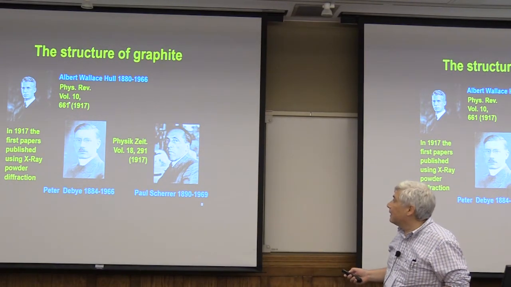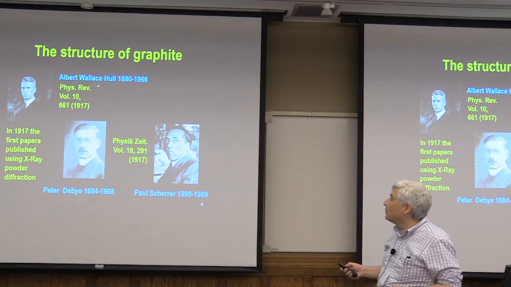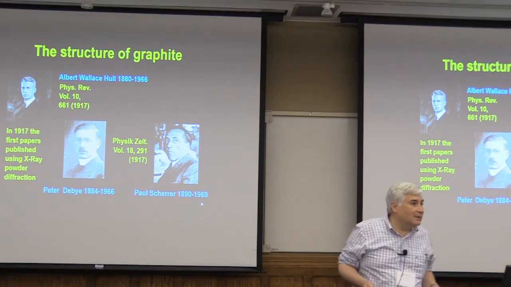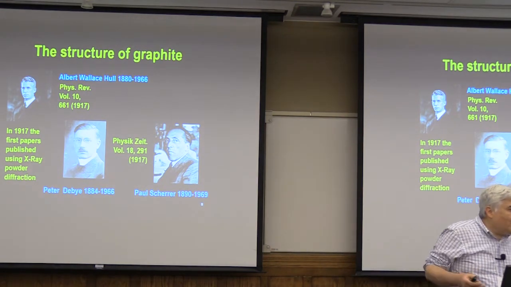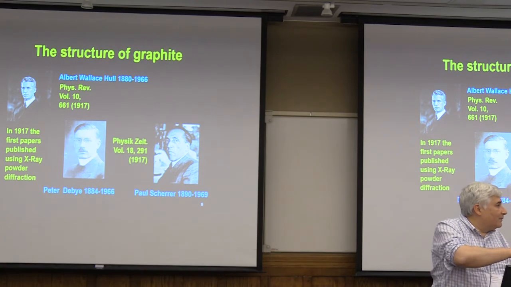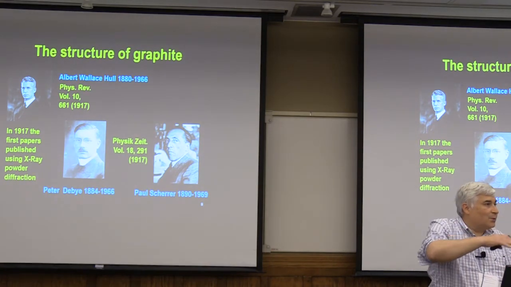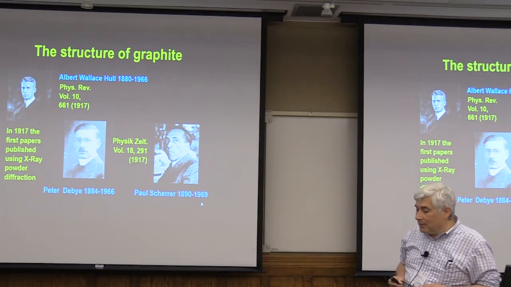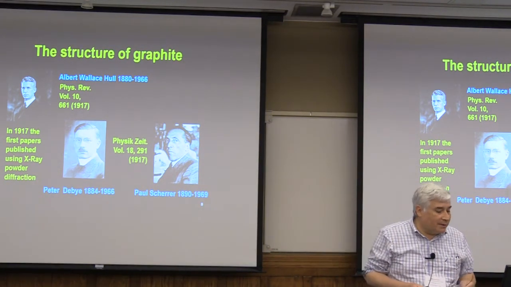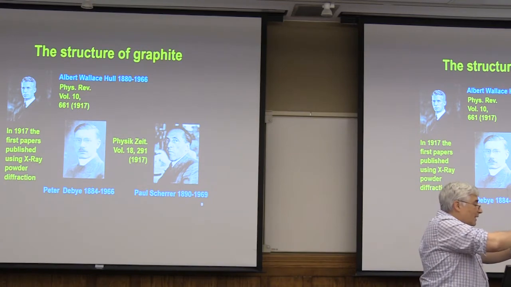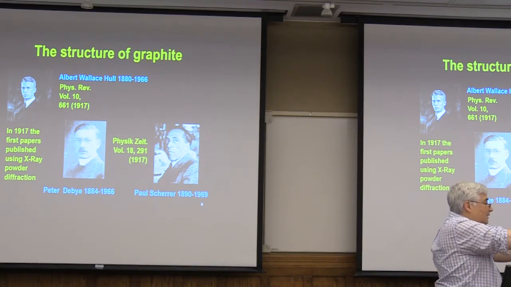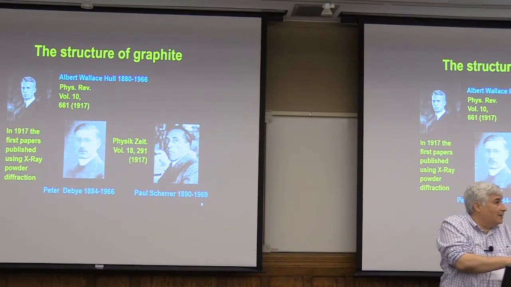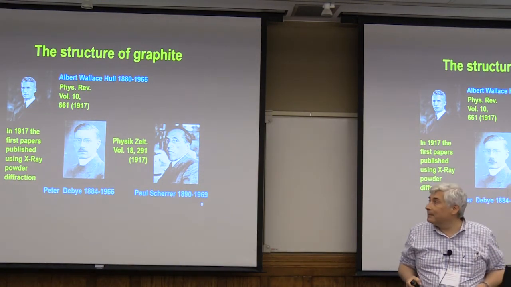In 1917, Albert Wallace Hull, Peter Debye, and Paul Scherrer knew that graphite was made of layers, and the layers were separated by 3.35 angstrom. But the problem at that time was the stacking, how the layers are stacked to form a crystal.